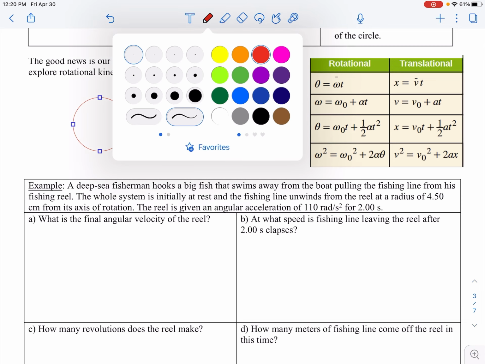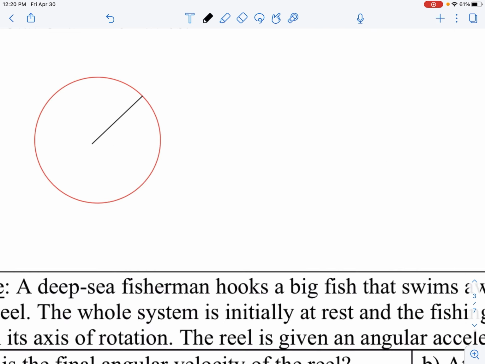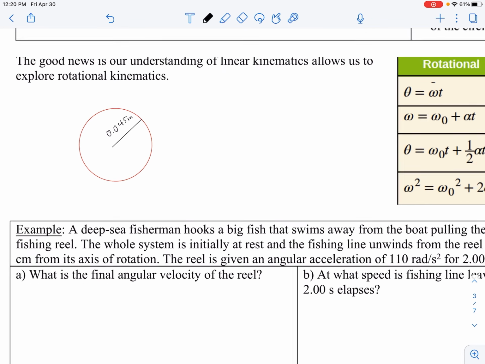Draw out our reel. We know that our reel has a radius of 4.5 centimeters. So we convert that into meters, and that's going to be 0.045 meters as our radius.